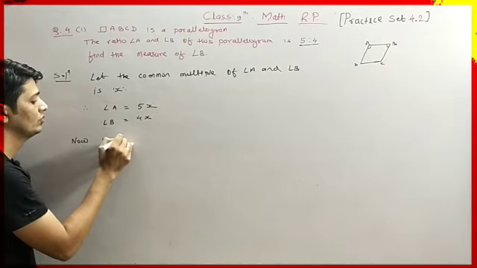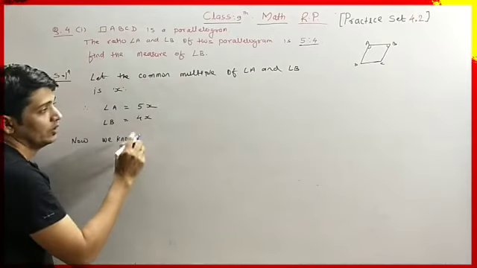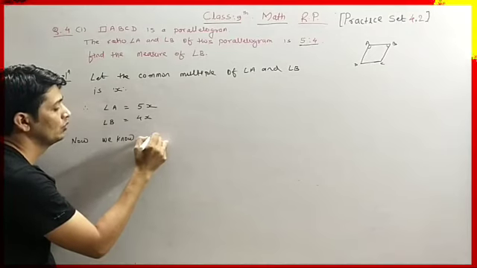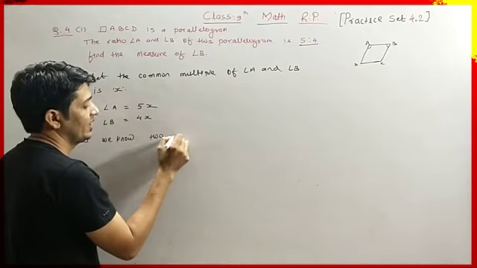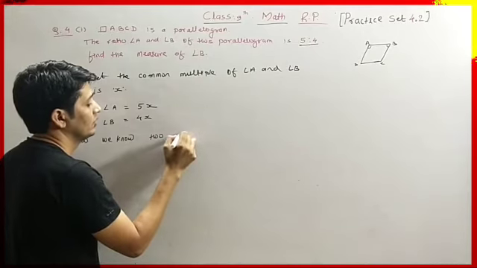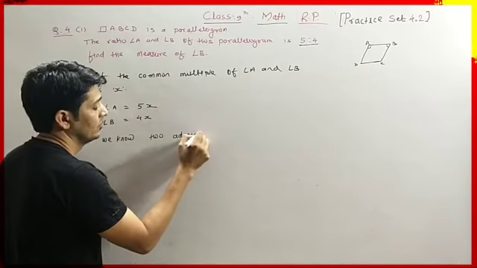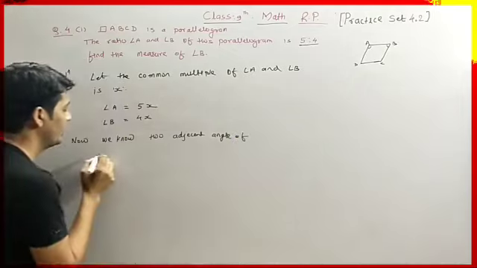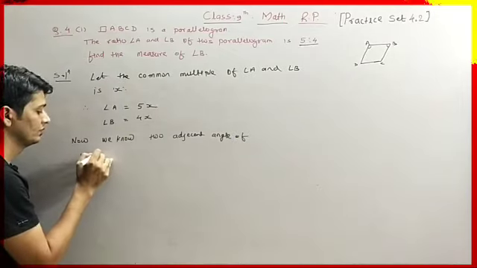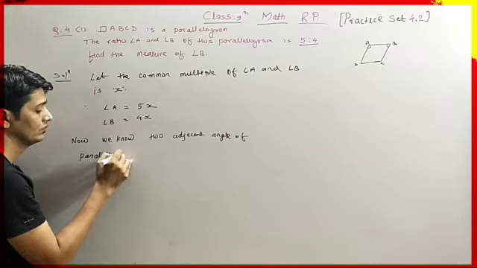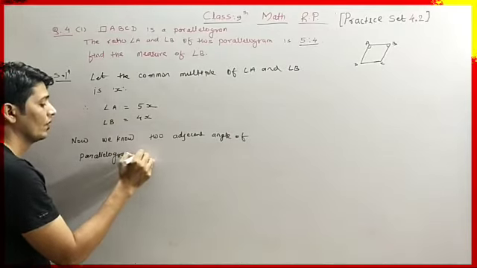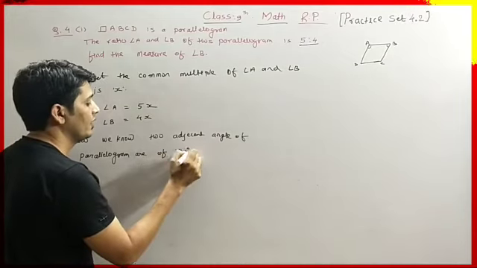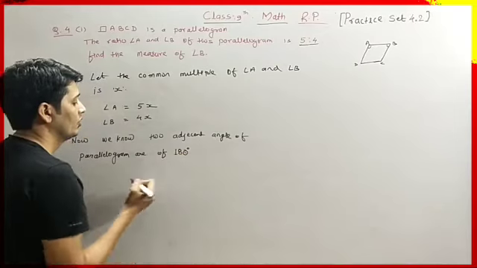Now we know the two adjacent angles of a parallelogram are supplementary, that means they add up to 180 degrees.